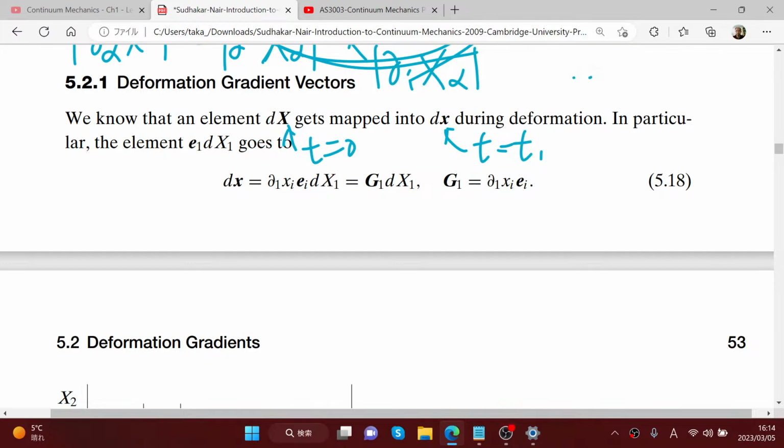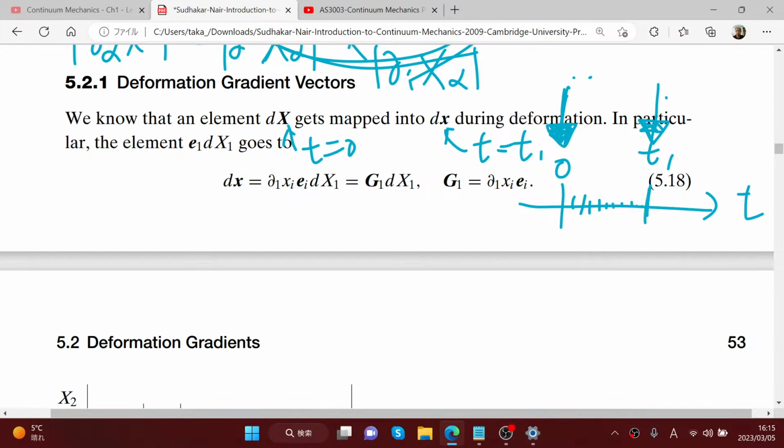So you are comparing the state of material between here and here. We don't consider a continuous deformation.